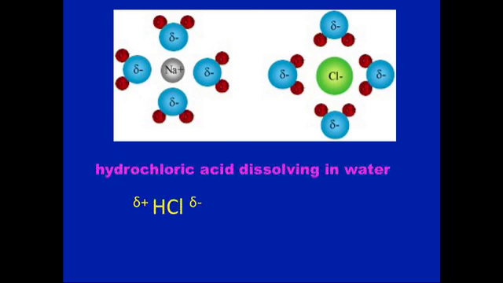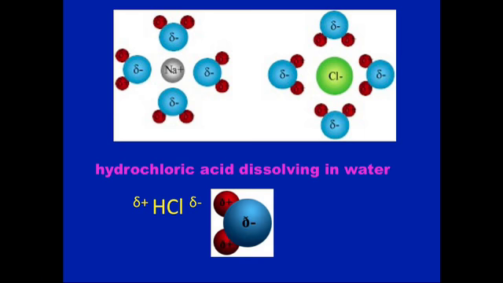With hydrochloric acid dissolving in water, the hydrogen is a little bit positive and the chlorine is a little bit negative, so it matches up with the water, where the hydrogens are a little bit positive and the oxygen is a little bit negative. Remember, opposites attract, so the positives are lining up with the negatives. There you go, you have the negative next to the positive, and over here we have the negative next to the positive again.